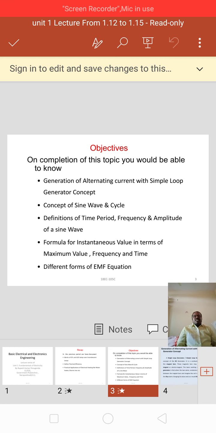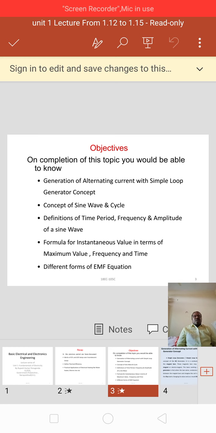We review these objectives from last to first, that is different forms of EMF equation with terms of instantaneous value. EMF value, that is E equal to small e equal to or capital E equal to Em into sine of theta. By doing different changes, we have E equal to Em into sine of 2 pi by capital T into small t.